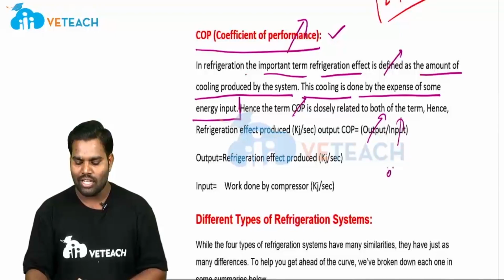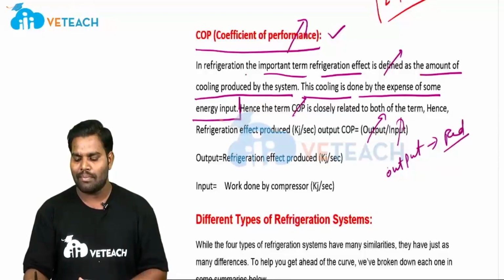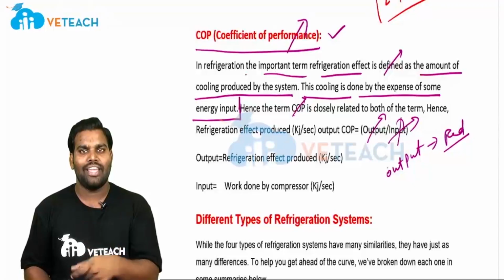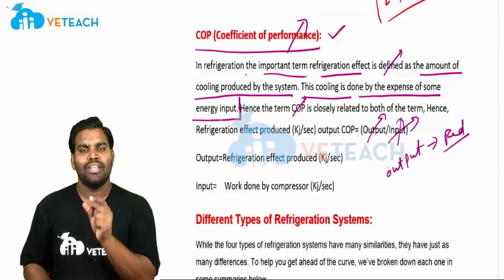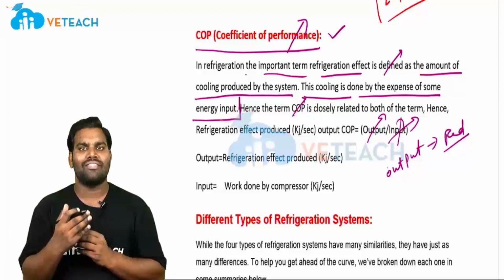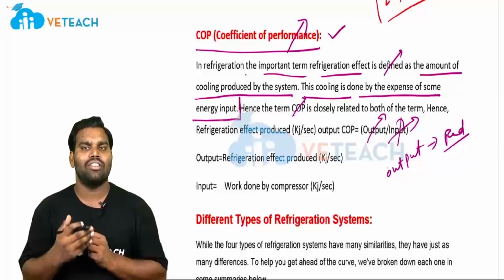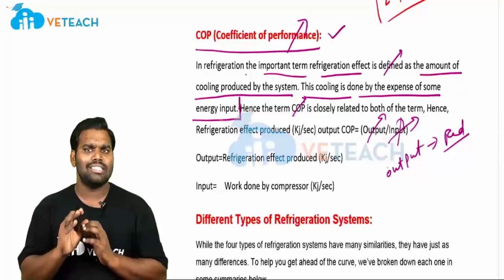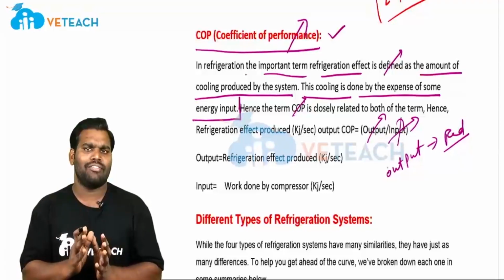So here output is considered as reducing the temperature, how much the temperature can be reduced. That is considered with respect to how much energy we are providing to that system. That system is considered as a refrigeration. So here we are giving some amount of additional energy from the outside source, that is considered as input of the refrigeration.